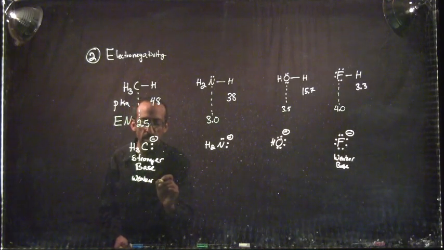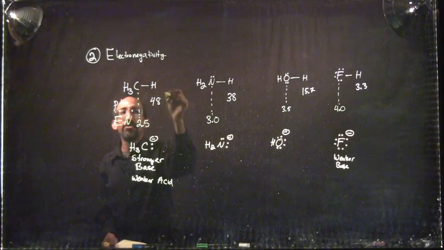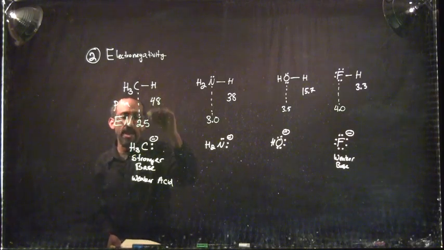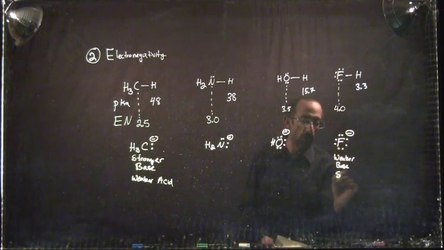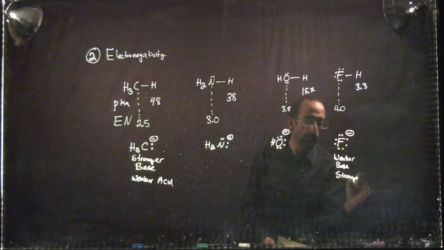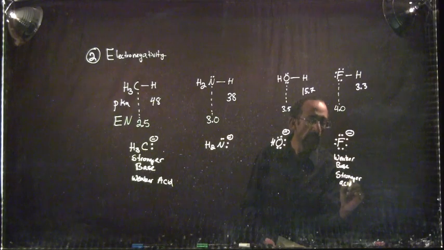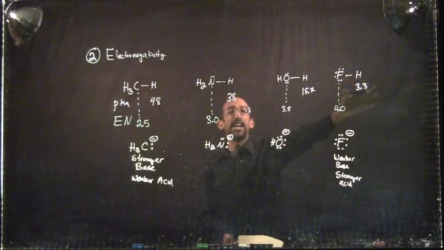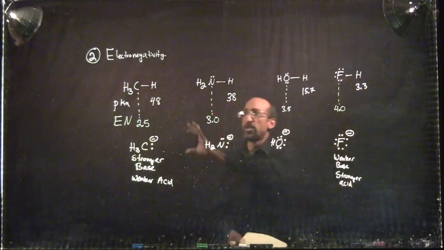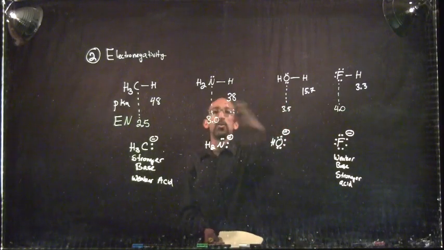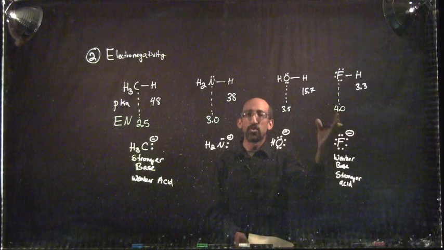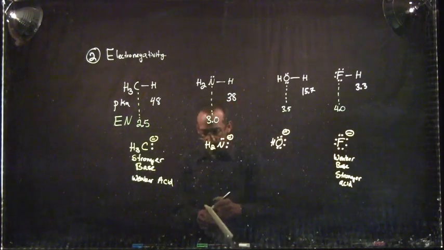So this is going to form a weaker acid, which fits with the pKa that we see for methane. Similarly here, our weak base will form a stronger acid, which fits with our pKa for HF. And so now we can use electronegativity to qualitatively rank the strengths of different acids.